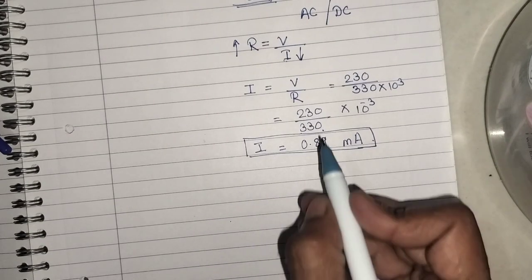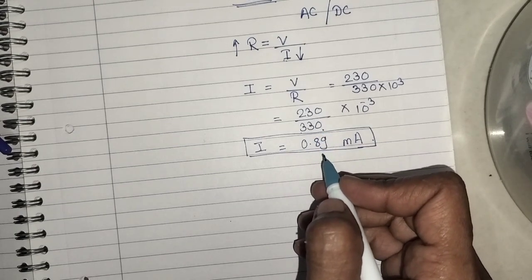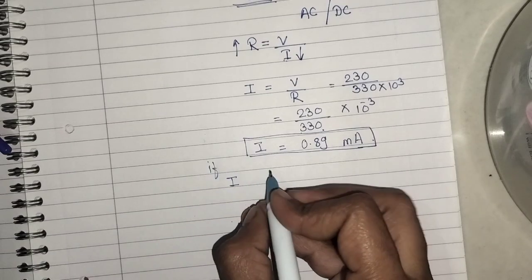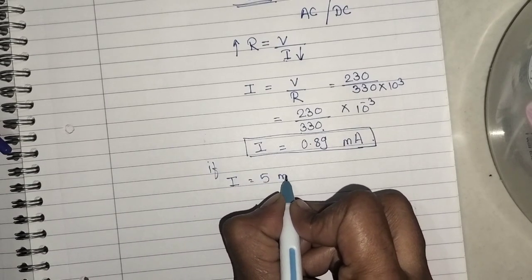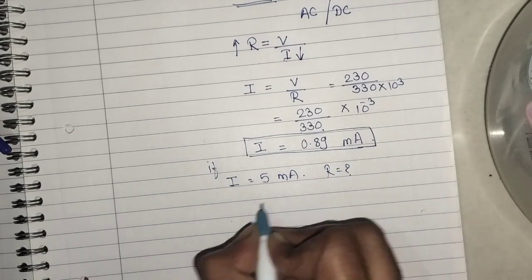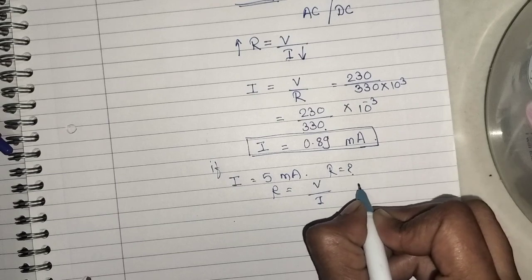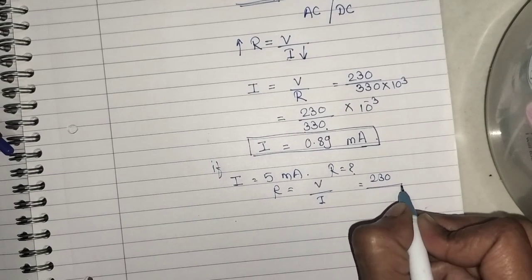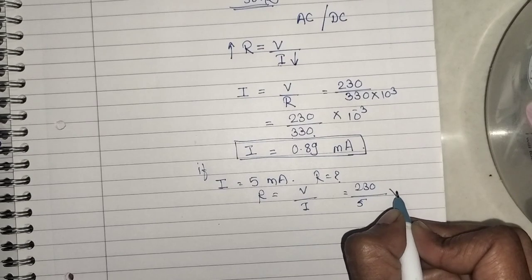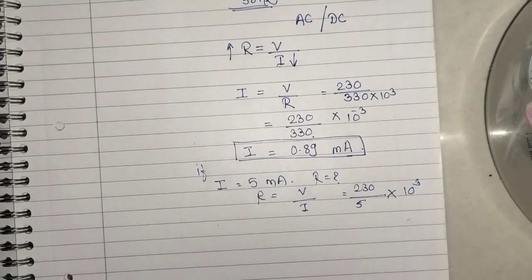If I is equal to 5 milliampere, then what's the value of R? In that case, R is equal to V upon I, that's 230 divided by 5, and here 10 raised to minus 3 will go upside.